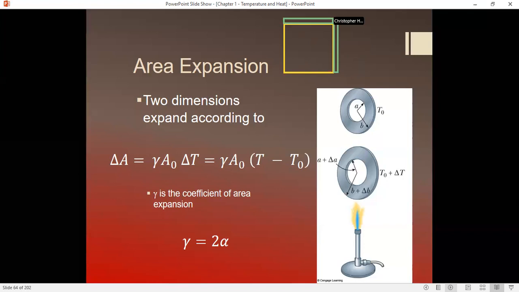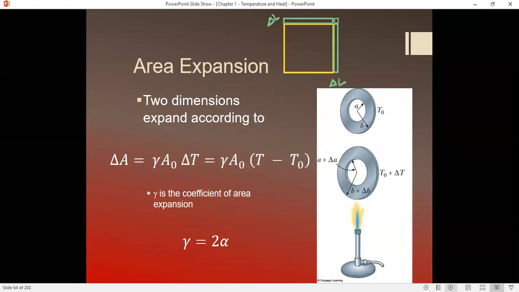Okay? The extra length is delta L, right? That's that linear thermal expansion, okay? And there'll be a little bit of area here, but that's going to be insignificant.